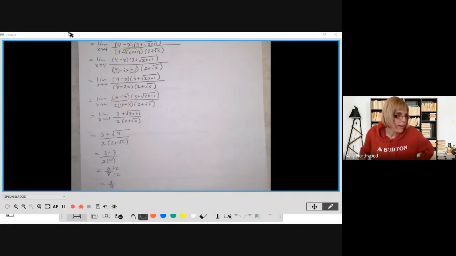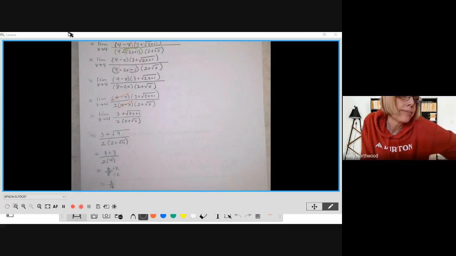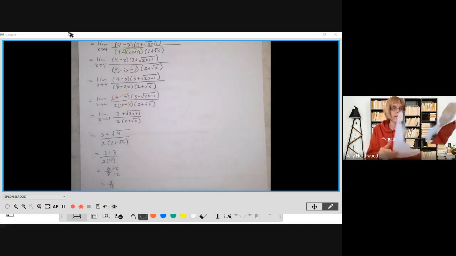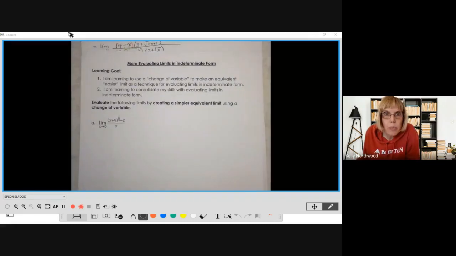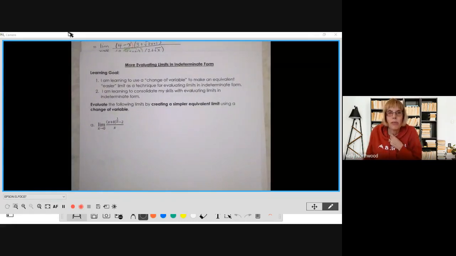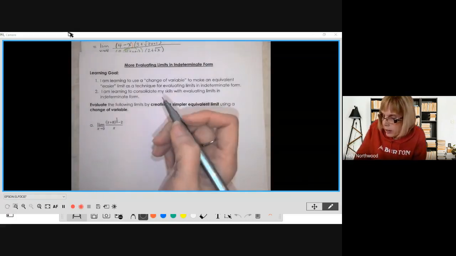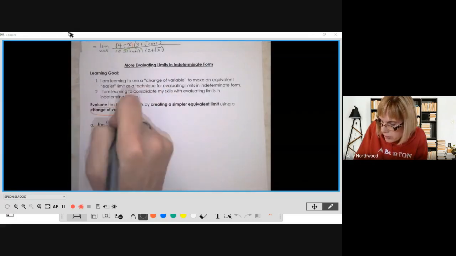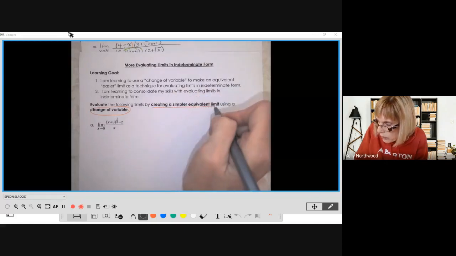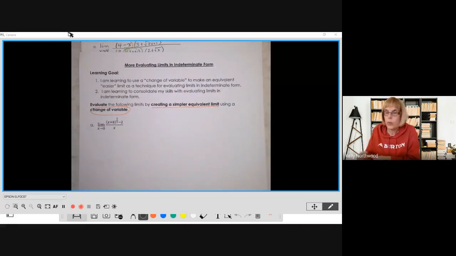Okay, I want to talk about the next lesson. Actually, I'll do that right now. So the next lesson is on more evaluating limits in indeterminate form, but it's specifically using this change of variable to create a simpler equivalent limit. It's really cool.